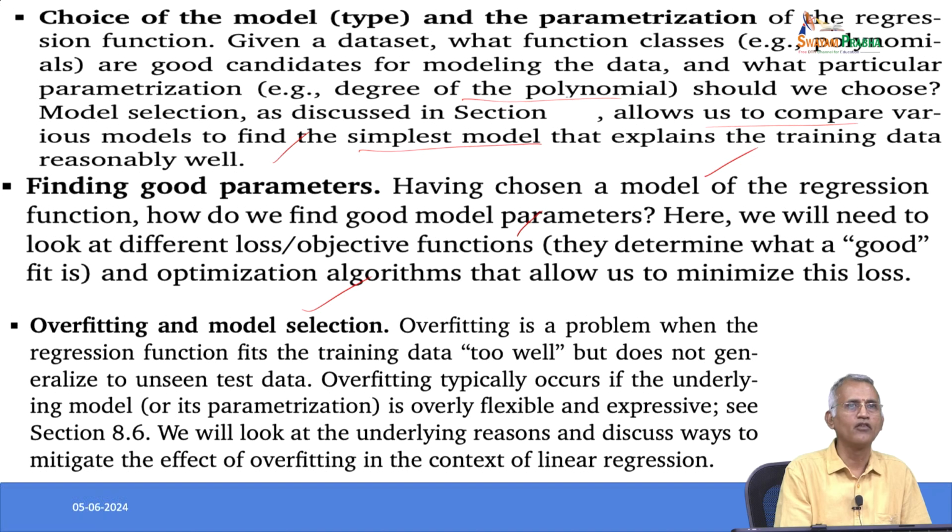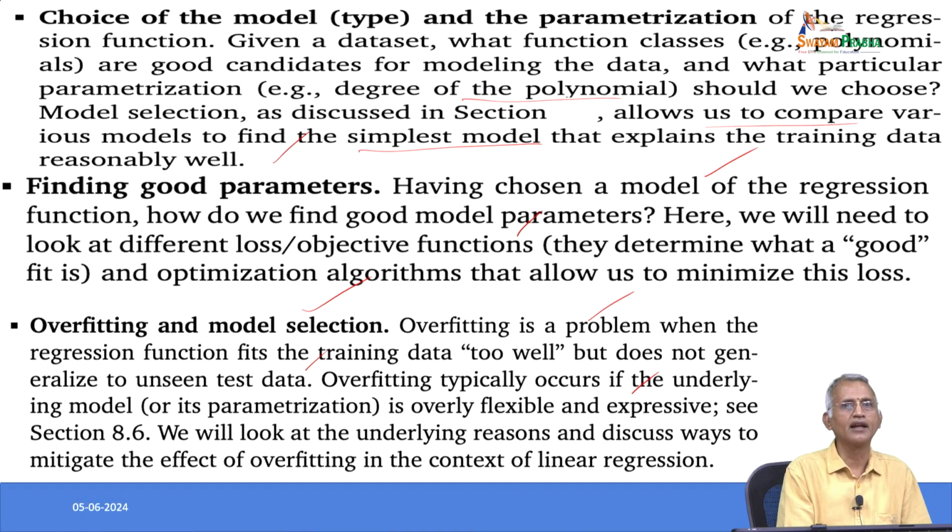And the next one is overfitting and model selection. Overfitting is a problem when the regression function fits the training data too well, but does not generalize to unseen data sets. Overfitting typically occurs if the underlying model is overly flexible and expressive.